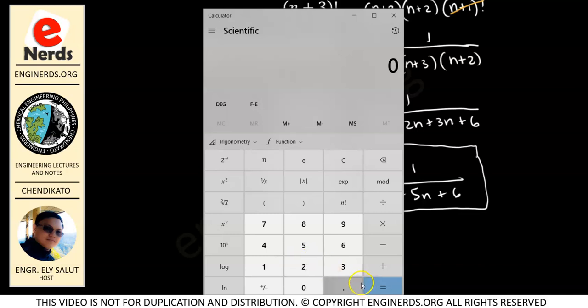For example, if you want to get 5 factorial, you will just need to click 5 and then this n factorial button, and then you will see the answer right here. So, it's that easy when we use a calculator, we get the factorial of the number we want to solve right away.